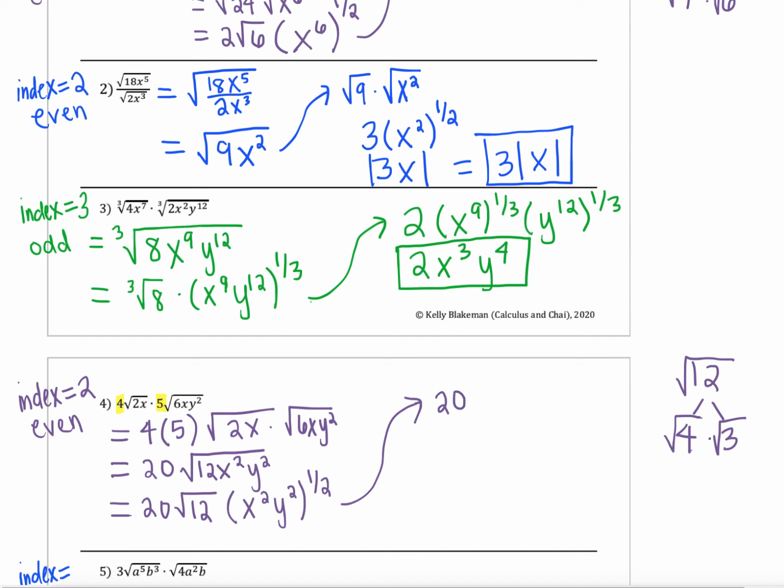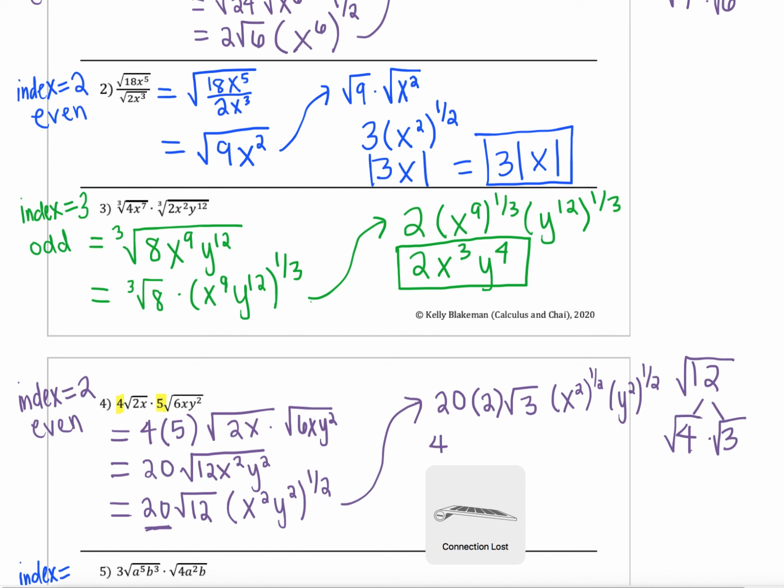Now remember, we still have the 20 from the original problem coming from that 4 times 5. We now also have a 2 outside of the square root from the square root of 4, and then the square root of 3 is still going to be left over inside. Now in our last two terms, we still have the x squared to the 1/2 as well as the y squared to the 1/2 that we'll need to simplify.